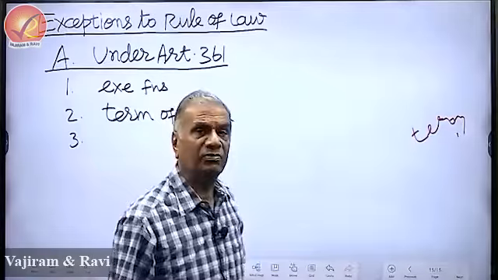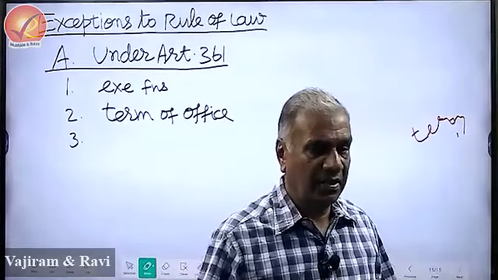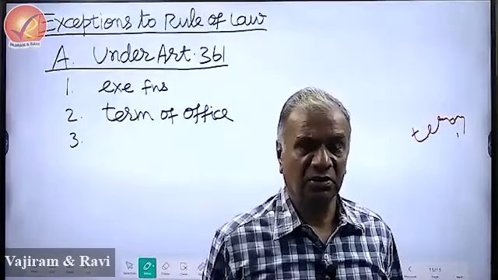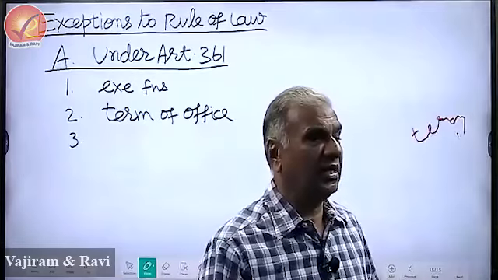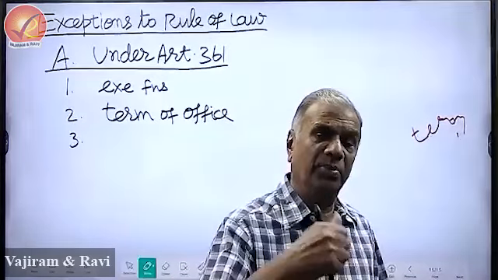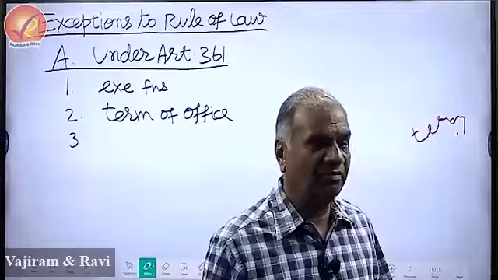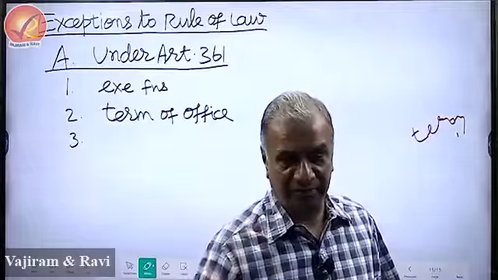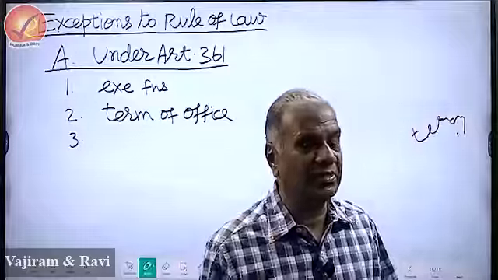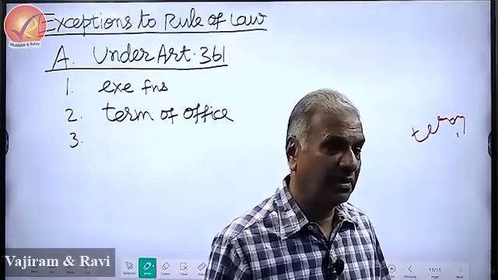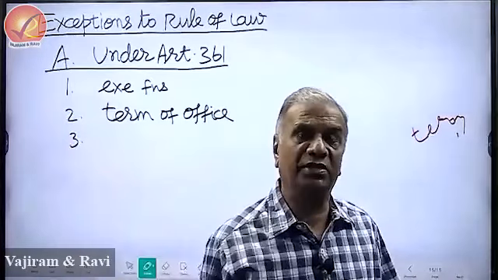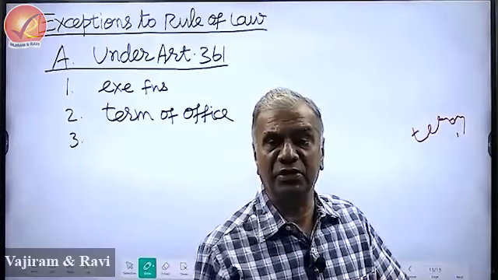what happens in case of civil proceedings? Listen for a moment. Suppose the President commits a civil wrong, for example, that he drives rashly and breaks the leg of a pedestrian. Now the President is bound to pay compensation to the pedestrian for the injuries suffered. But under Article 361, the pedestrian cannot straight away go to a civil court and file a compensation petition.